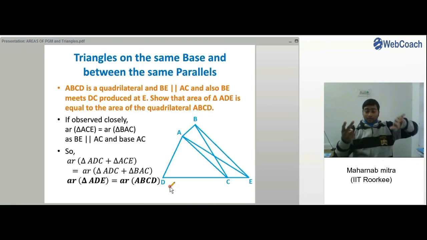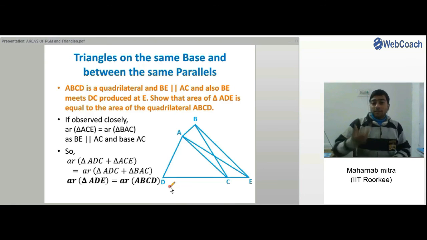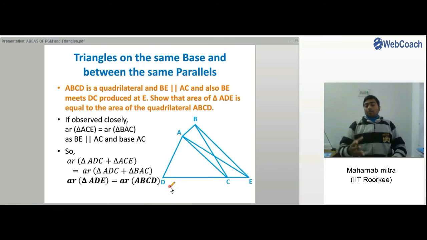If we keep aside the common triangle, these two triangles have the same base and they lie between the same parallel sides. And by using the theorems or the statements which we have learnt so far, we can say that the area of these two triangles is obviously the same, right?